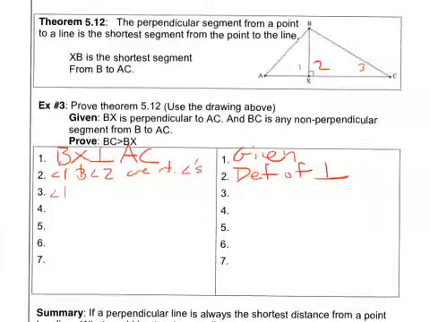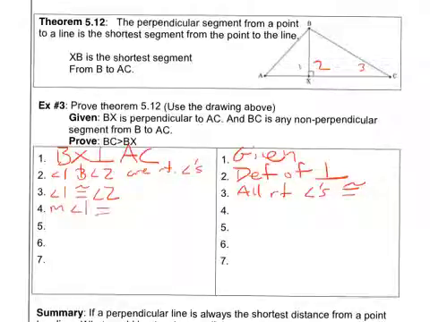And therefore angle 1 is congruent to angle 2 because all right angles are congruent. And that means, and this is something we haven't done a lot of, that the measure of angle 1 is equal to the measure of angle 2. We can go from congruence to equality because that is simply the definition of congruence.